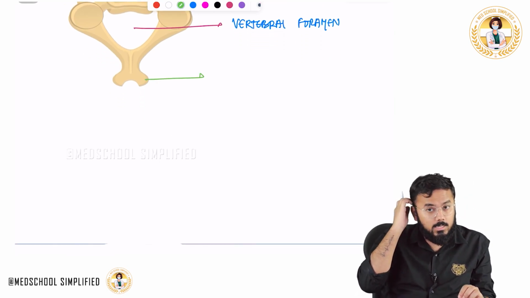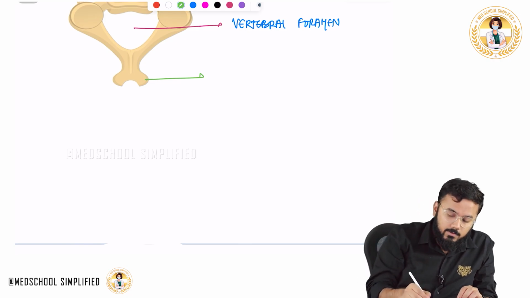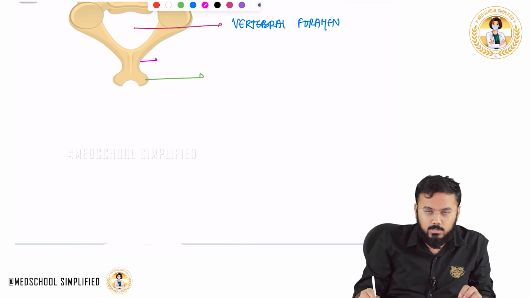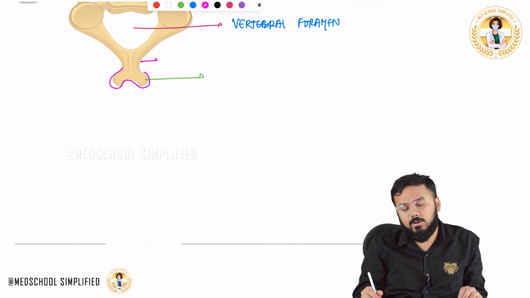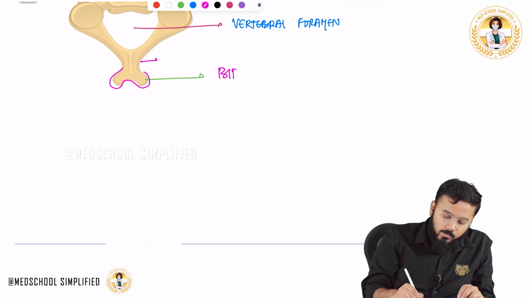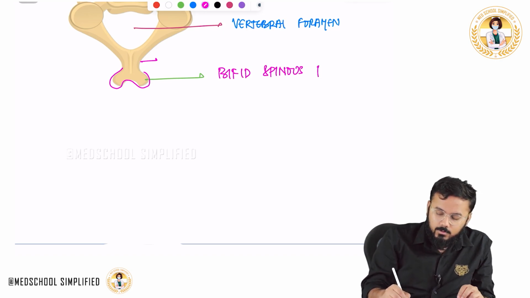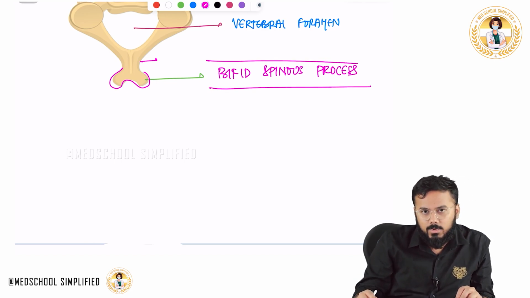How many processes are there? You see two processes, and this is your spinous process. The spinous process has two processes like this, that is why you call it a bifid spinous process.